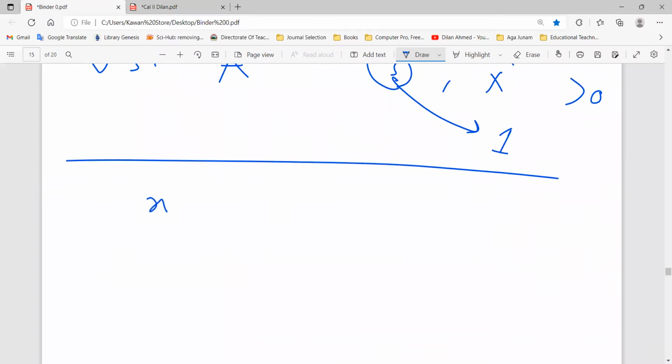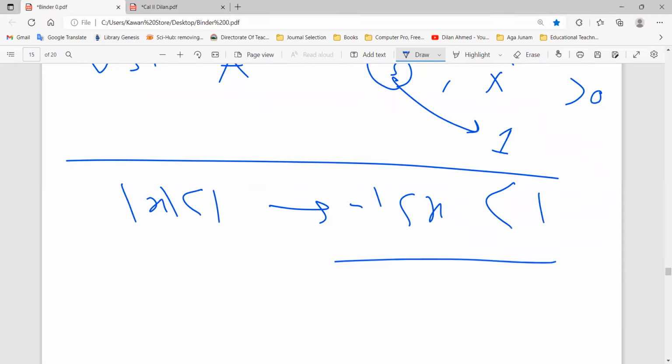No, it means that x is between 1 and minus 1, but excluding minus 1 and excluding 1, like that. Understood? Good. So it means that x can be what? Fractions. 1 over 2, 1 over 3, 0, and minus 1 over 2, right? Okay, absolutely.